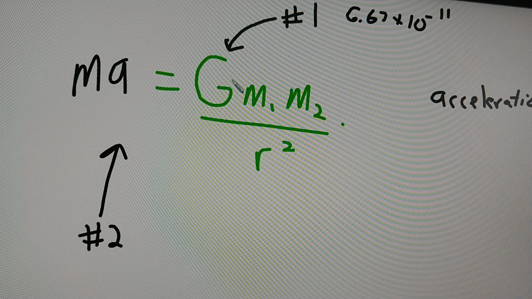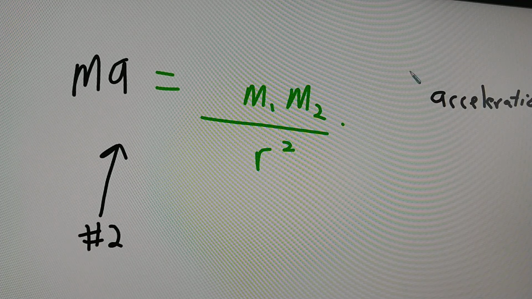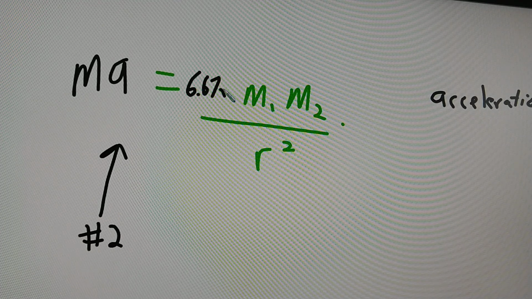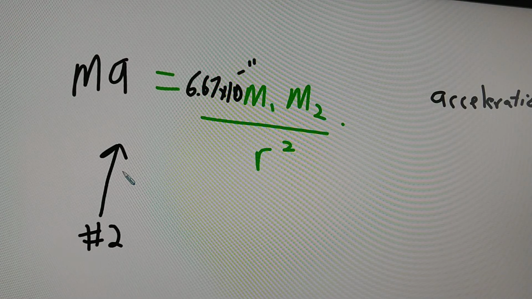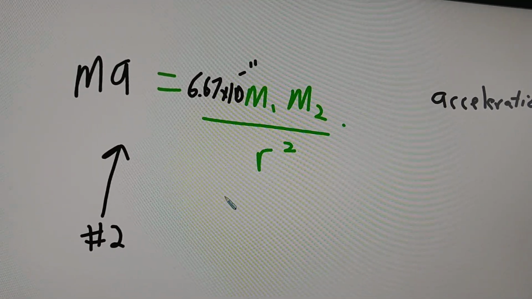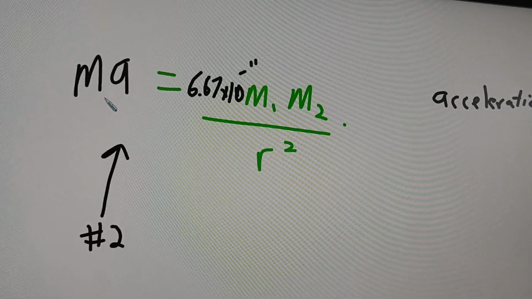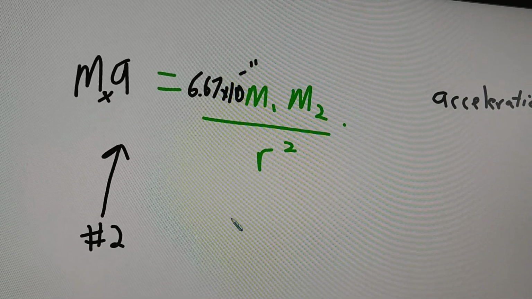So we know now that from number 1, letter G is 6.67 times 10 to the negative 11th. And that for F, we can write MA, because that is Newton's second law. Now, we have an M here, and we have M's over here.